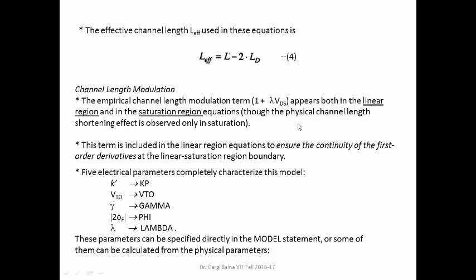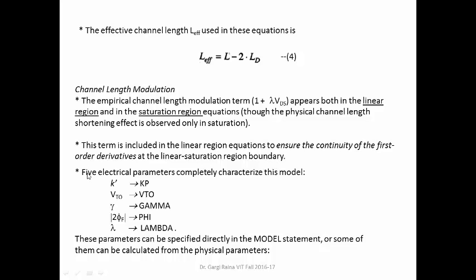The reason it is included in the linear region as well is to ensure the continuity of the first order derivatives at the boundary, and that boundary is the linear-saturation region boundary.